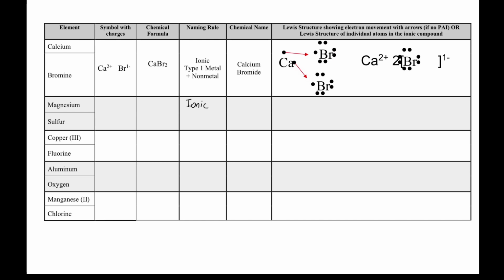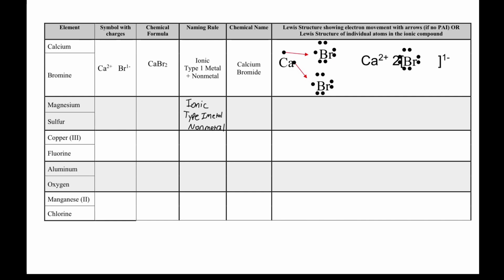The naming rule is going to be ionic with a type 1 metal and a non-metal, because we know sulfur is to the right of that staircase, which means it is a non-metal.